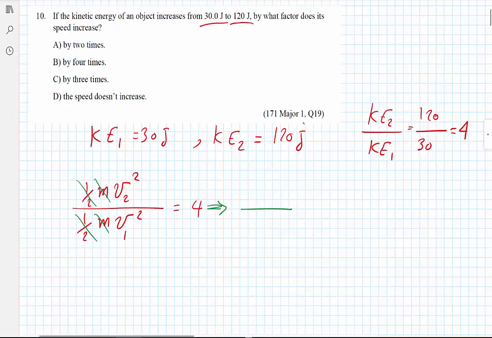So v2 or v final squared over v1 or v initial squared equals 4. Then take the root of this equation, it will be v2 over v1 equals 2. So v2 is 2 times v1. So the answer is the first one, 2 times.